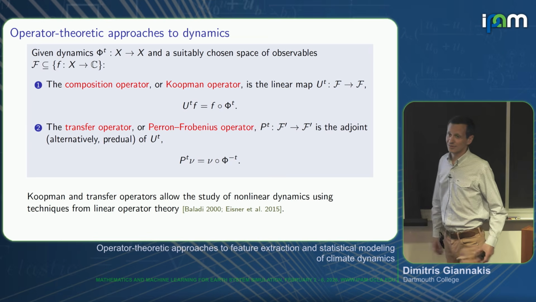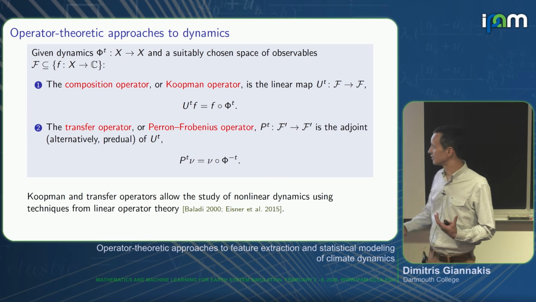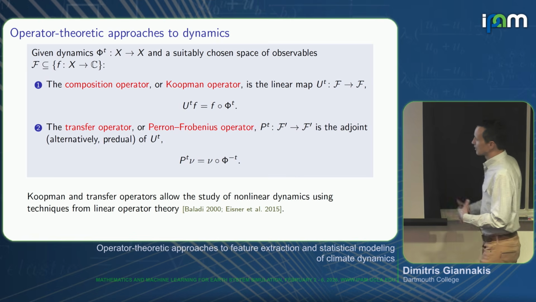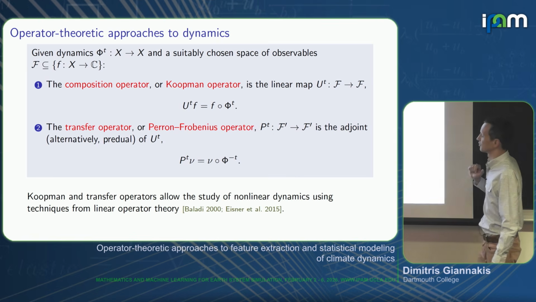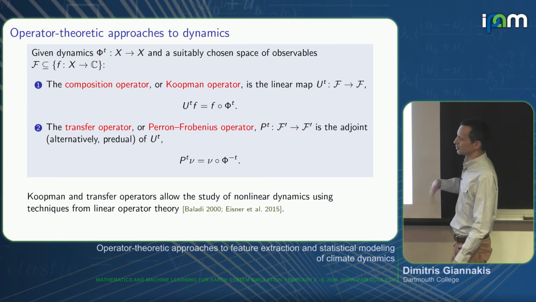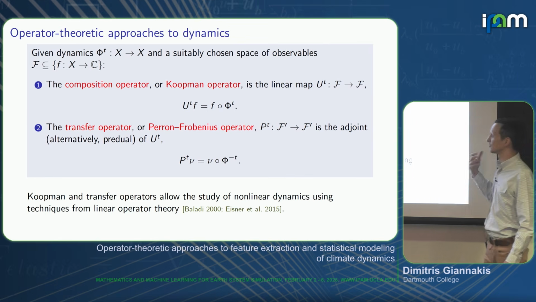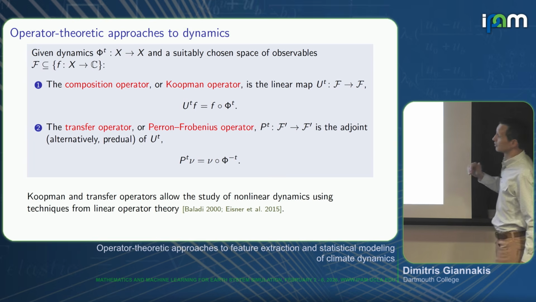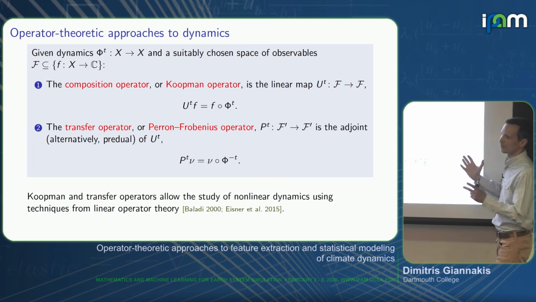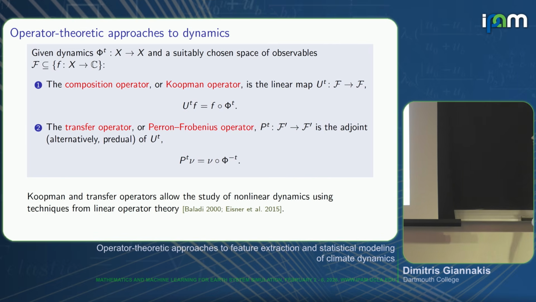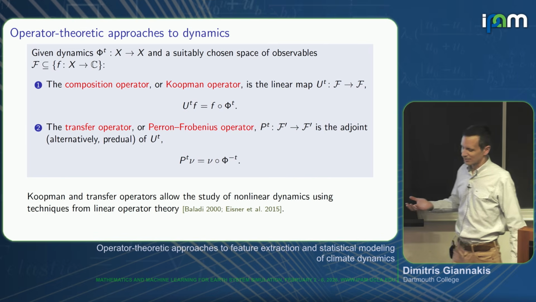Together, this gives us theoretical, analytical tools to study aspects of nonlinear dynamics through properties of these linear operators. For example, it turns out that you can encode properties like ergodicity and mixing into corresponding properties of the spectra of these operators in appropriately defined function spaces.